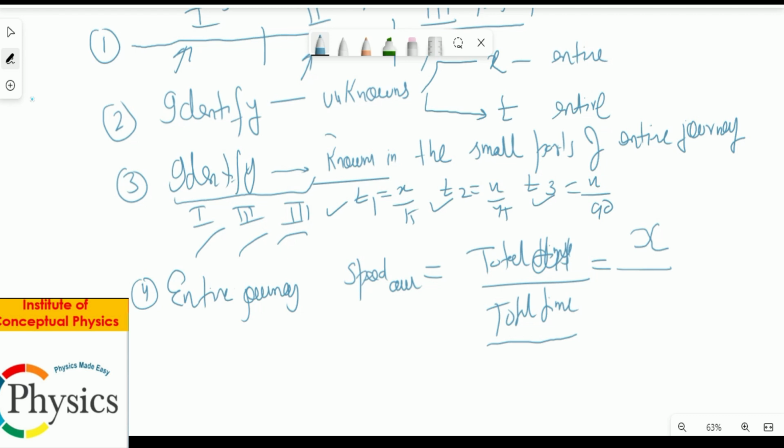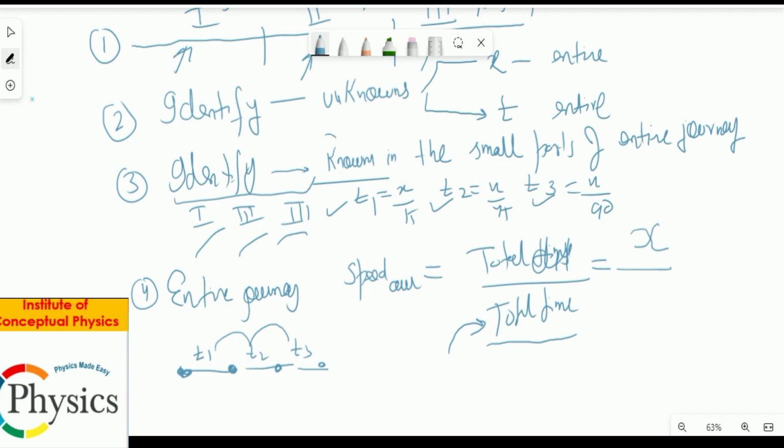So what you need to do in these questions is focus on small parts of the journey, and use them to find something useful, and that useful came out to be time in this question. Then you added all these times to convert it into an entire journey and used it here, as you can see above.